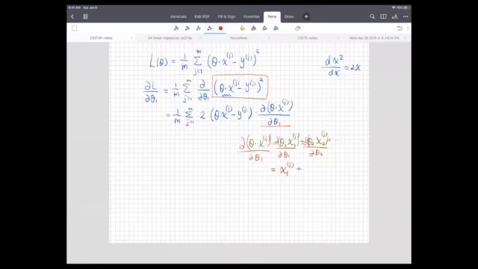Since I'm taking the partial derivative with respect to theta 1, theta 2 does not change. This term is not a function of theta 1, so it is 0, and all the rest of them are 0. The only remaining term is x1 superscript j.